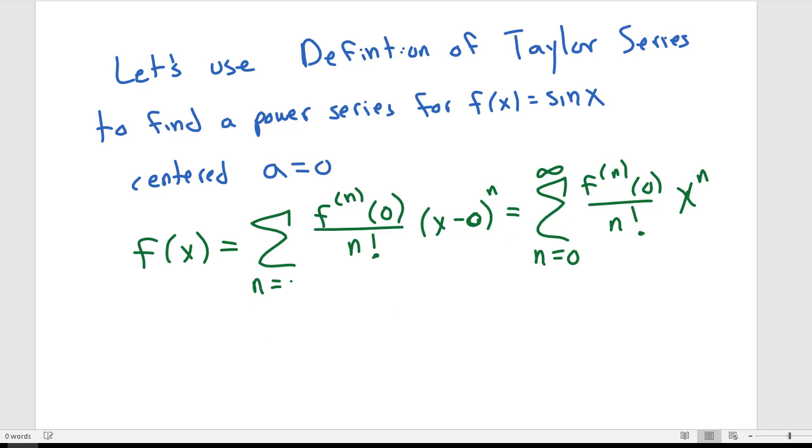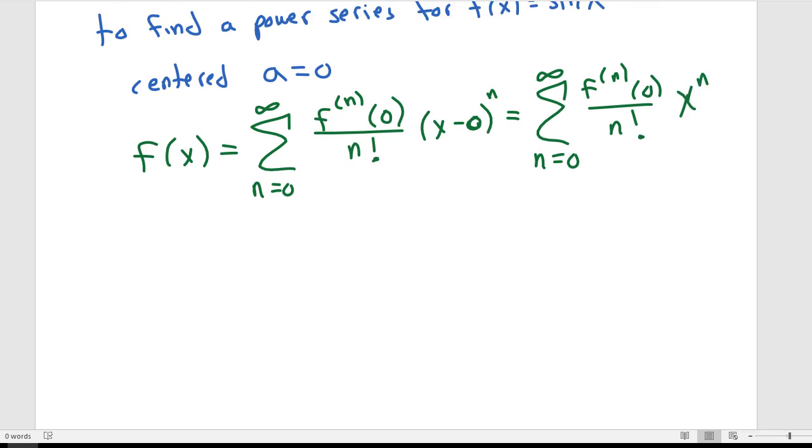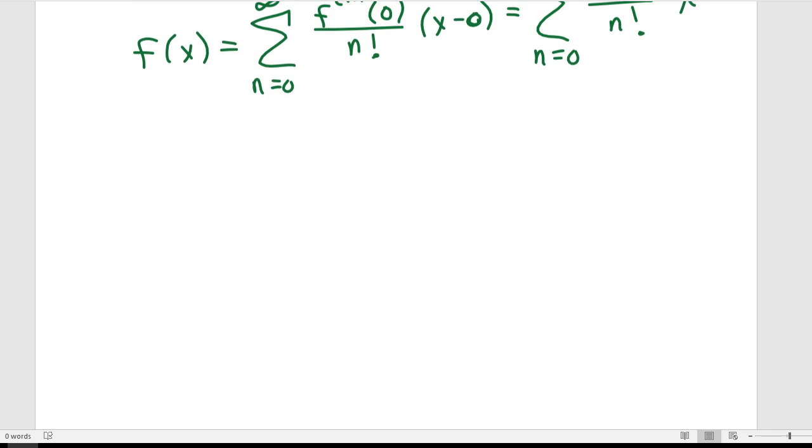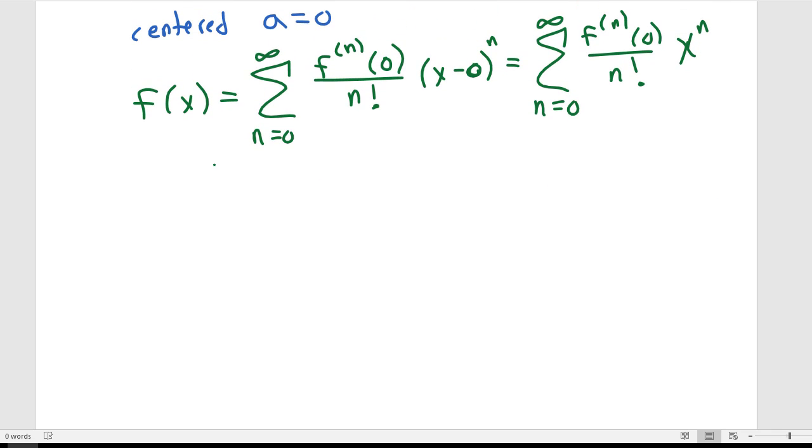All right, so how do we manage this? Here's what I'm going to do: I'm going to build a table and organize this information in a table format. I'm going to leave that definition up here at the top. For each value of n, I'm going to find the nth derivative of the function.